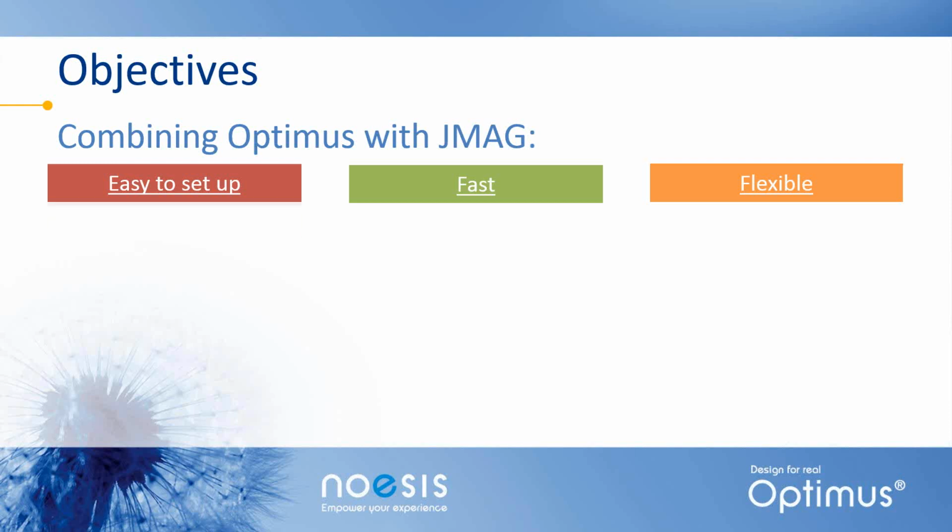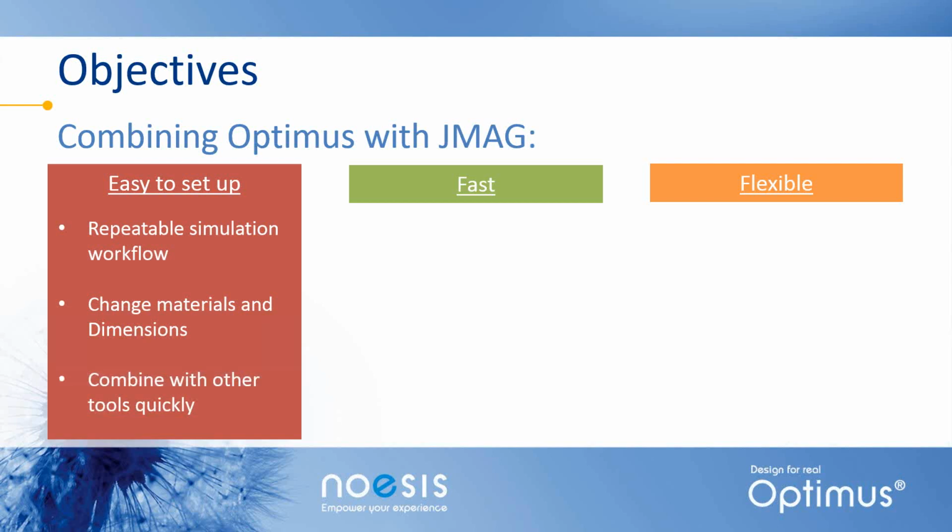And Optimus provides a platform that's extremely easy to set up when it's combined with JMAG. You'll see how we can very quickly change dimensions, change materials, link in with other tools, link in with JMAG, and really capture what would otherwise be a complex process.